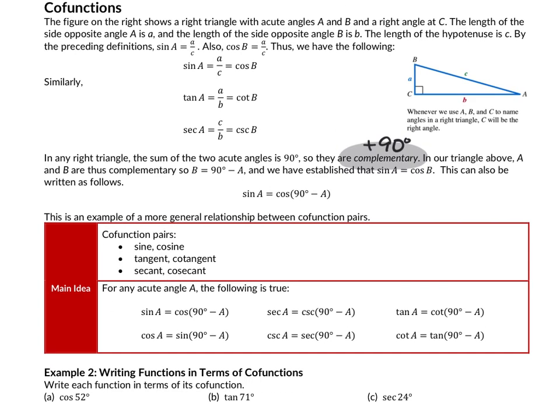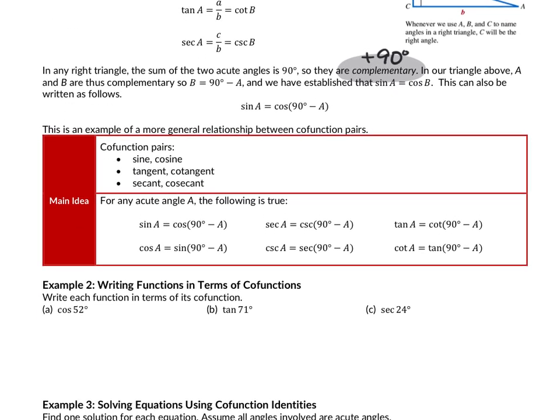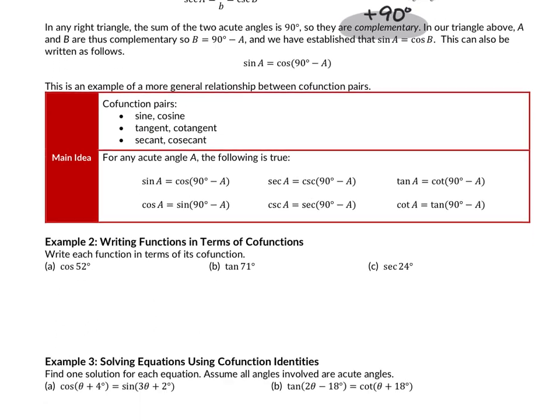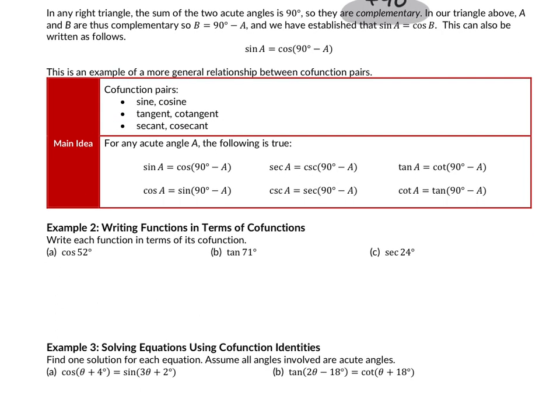Now there are 6 cofunction identities that I'm going to have you memorize, so this will potentially be on your formula quizzes, so you can tell me what the cofunction identity is for each of these. But we can use each of these cofunction pairs and identities to write functions in terms of other functions.